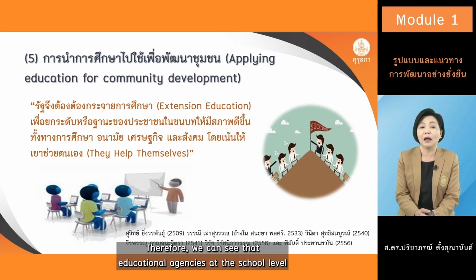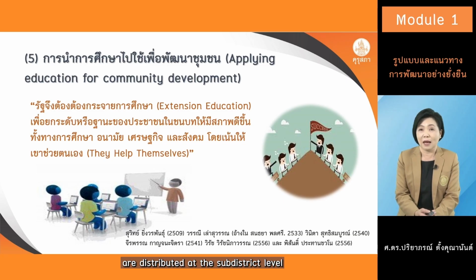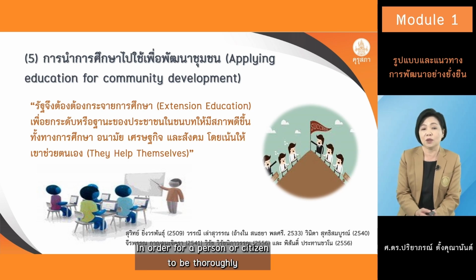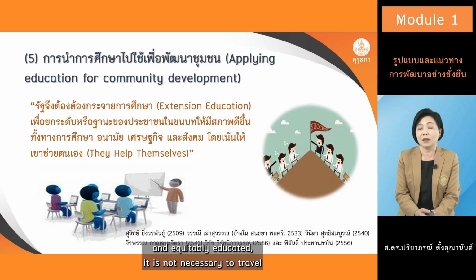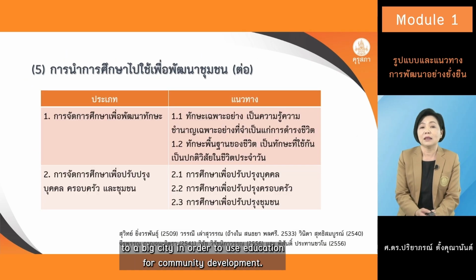Therefore, we can see that educational agencies at the school level are distributed at the sub-district level, district level, provincial level. In order for a person or citizen to be thoroughly and equitably educated, it is not necessary to travel to a big city.